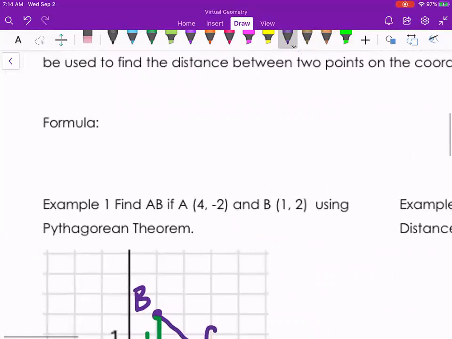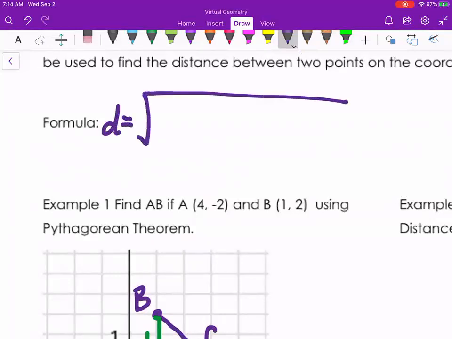So let's take a look specifically at our formula. This time, our formula says the distance is equal to a big square root, just like the Pythagorean theorem. We had to square root at the end. This time it starts off with the square root: x sub 2 minus x sub 1, squared. That looks very much like a squared.